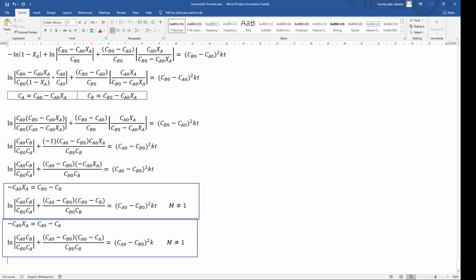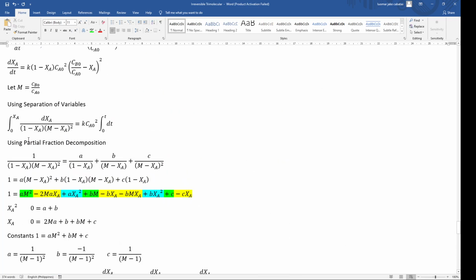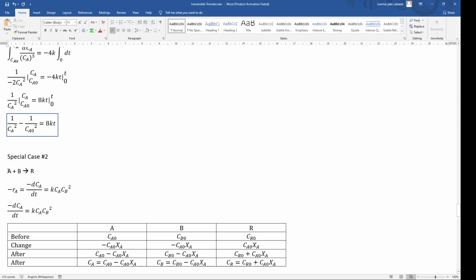There. So these two equations, pwede nyo magamit for this type of reaction. A plus B are forming R. And then third order siya.